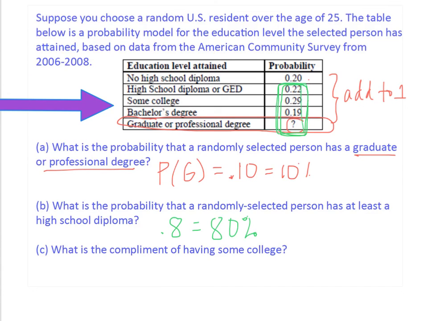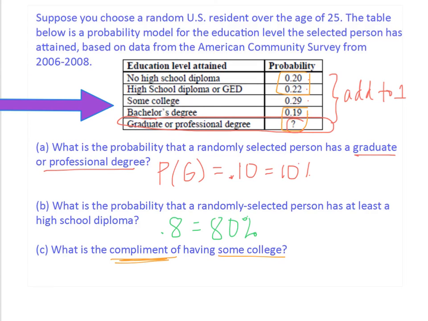The last rule was the complement rule, and part C says, what is the complement of having some college? Well, the complement is everything except for that category. So I'm going to erase my table so I can see the numbers a little more clearly. The probability of the complement of having some college would be adding together the bachelor's and graduate with the no high school and the high school.